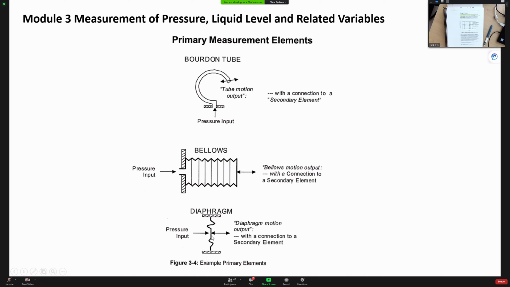So the displacement for this one is not going to be as big as the bellow, but the pressure will cause this diaphragm to extend or contract a little bit. Depending on that movement, that's all causing a mechanical displacement or movement. Then these are all the primary measurement elements.